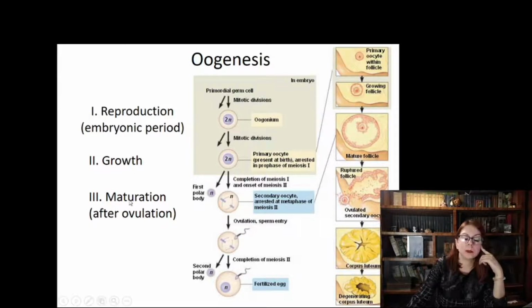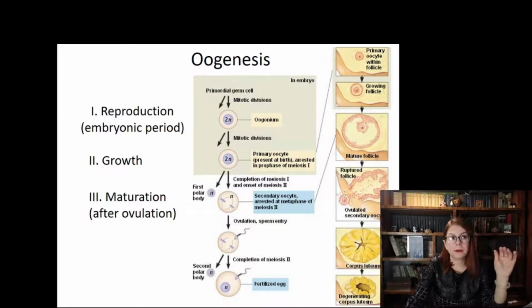And then the phase of maturation. Maturation occurs only in case of ovulation and fertilization. So only rare follicles, only rare oocytes can become mature, because maturation includes two meiotic divisions.